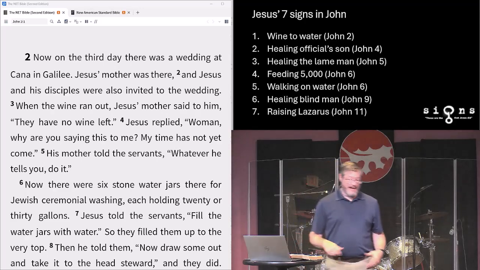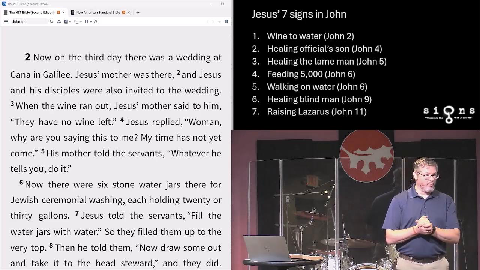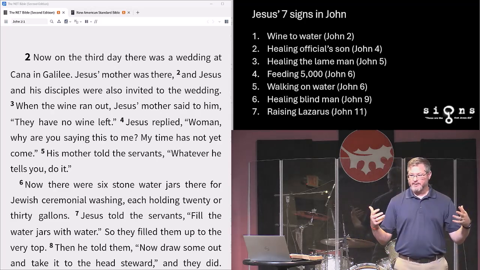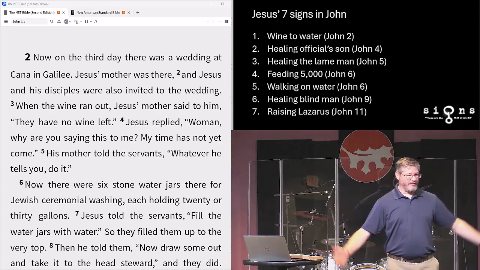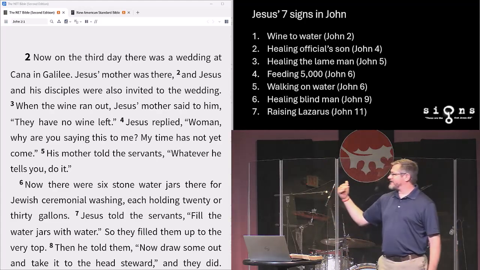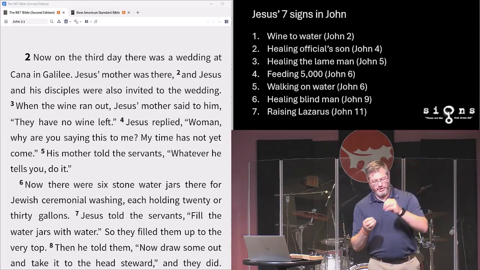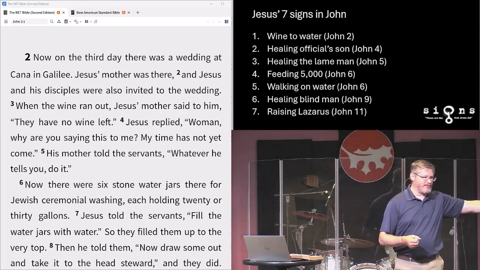Now, there's actually one more in the Gospel of John. It actually shows up in all 4 Gospels, one big miraculous event. Any takers? The resurrection itself, yes, the resurrection itself. We're not including that in the study because it's not one of the signs that John recorded specifically to point to something else.